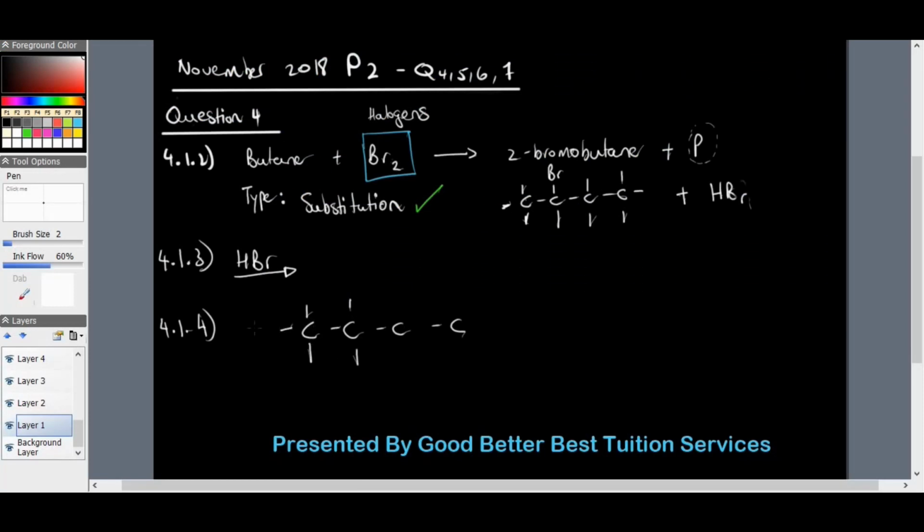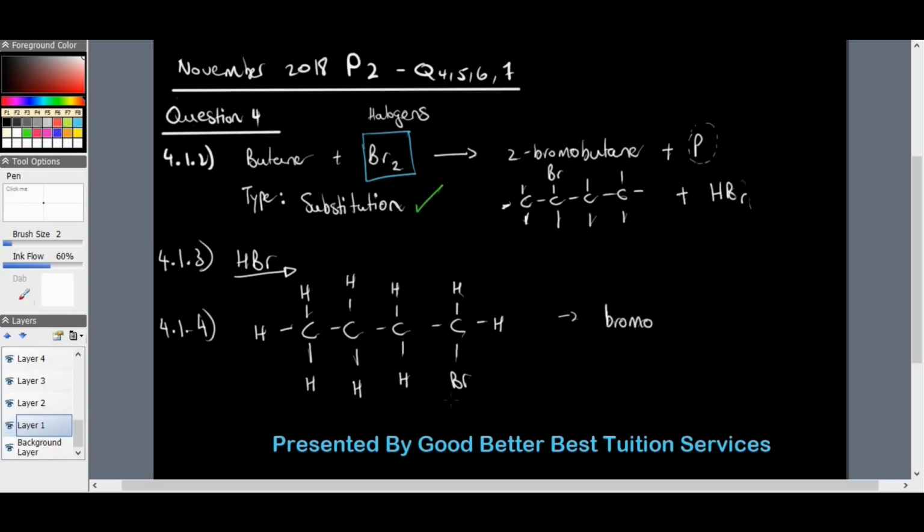Obviously I have to draw in my hydrogens now because this is for marks. I can't not draw them in there. Let me put that hydrogen there, but maybe I want to put the bromine here. There we go, I changed the position. Remember, I'm going to count my first carbon, so this would just be 1-bromobutane now, because it's on the first one.